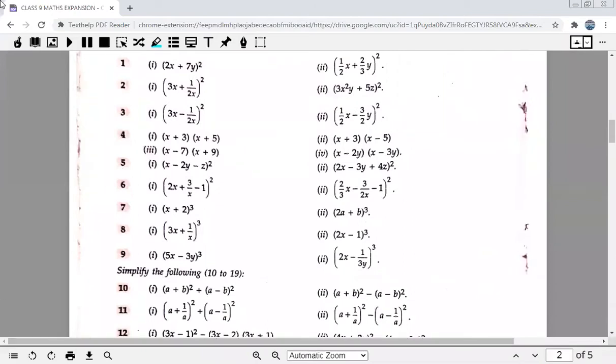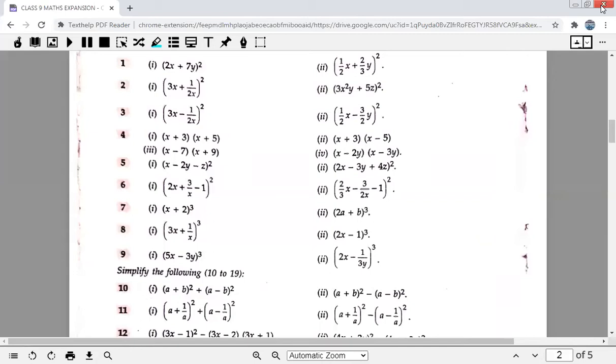You can see here. Question number 2, first part: 3x plus 1 upon 2x whole square.